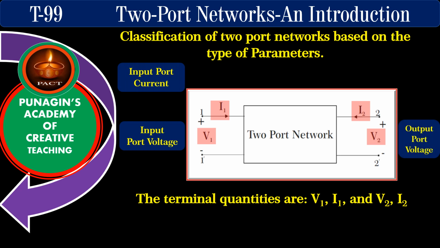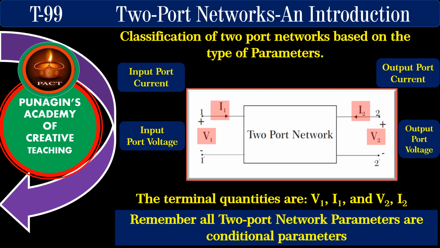Similarly, V2 is the output port voltage and I2 is the output port current. Remember, all two-port network parameters are conditional parameters. At this point, I will make it clear when we discuss each parameter in detail.